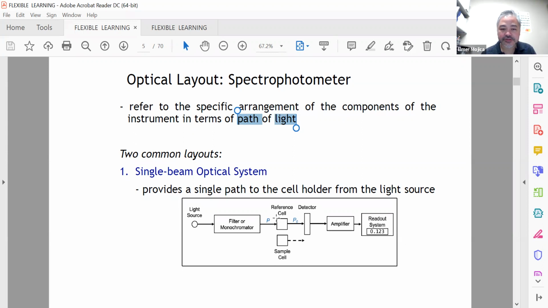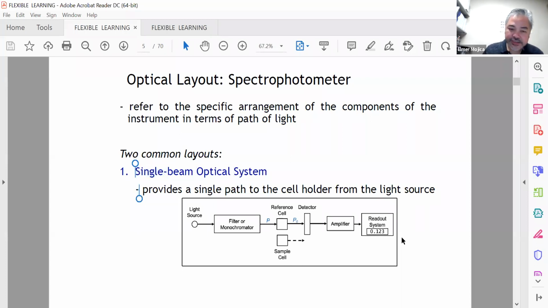There are usually 2 common optical layouts. One is the single beam optical layout, wherein a single path is provided from the light source to the cell holder. So it is just linear, straight. That's what we call the single beam optical system.